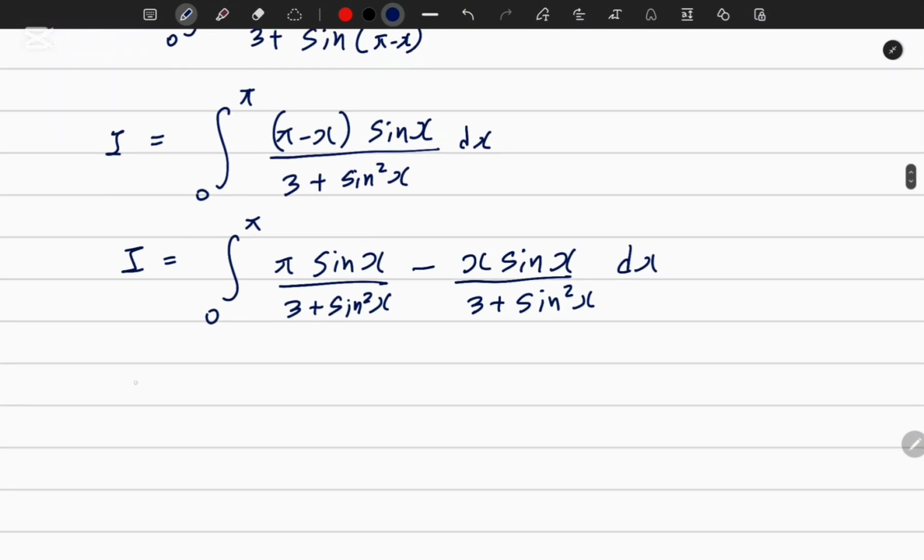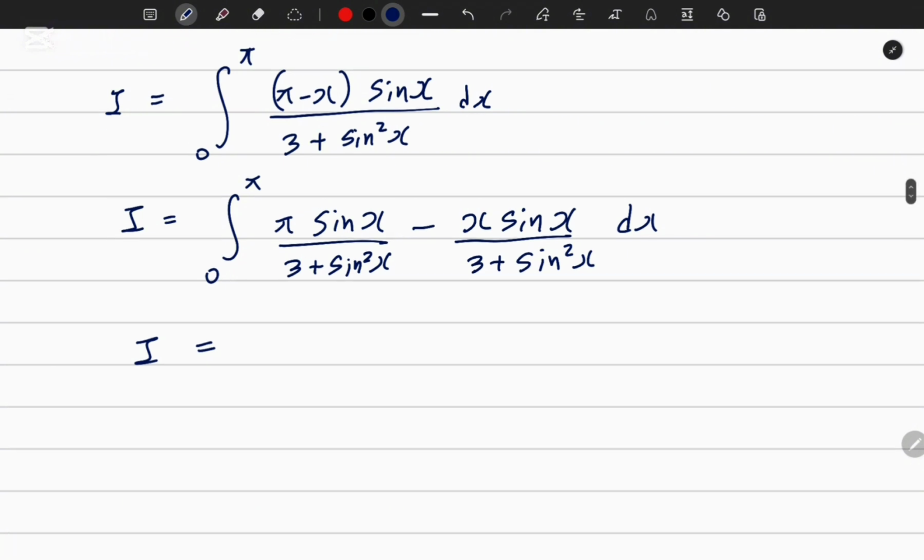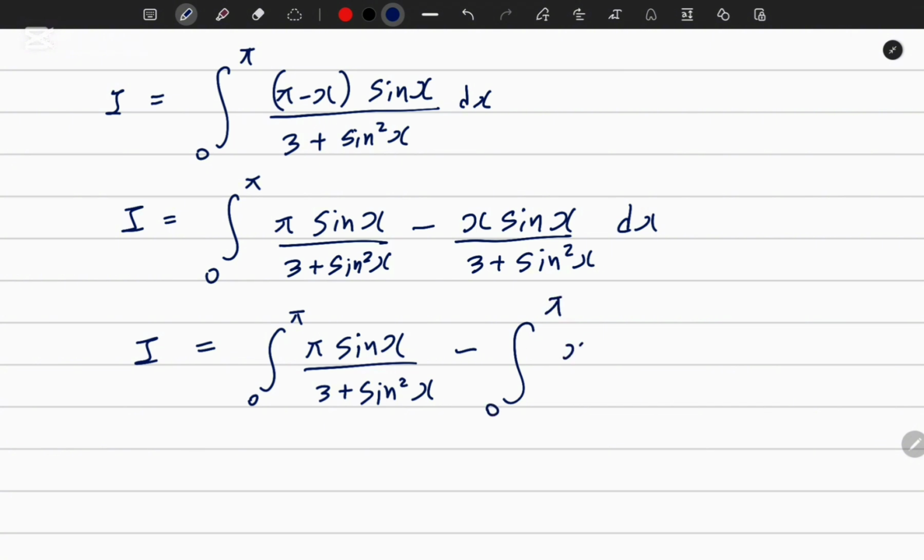So now I'm going to write this as two integrals. This is 0 to 5 sine x over 3 plus sine square x minus 0 to 5 x sine x over 3 plus sine square x dx.